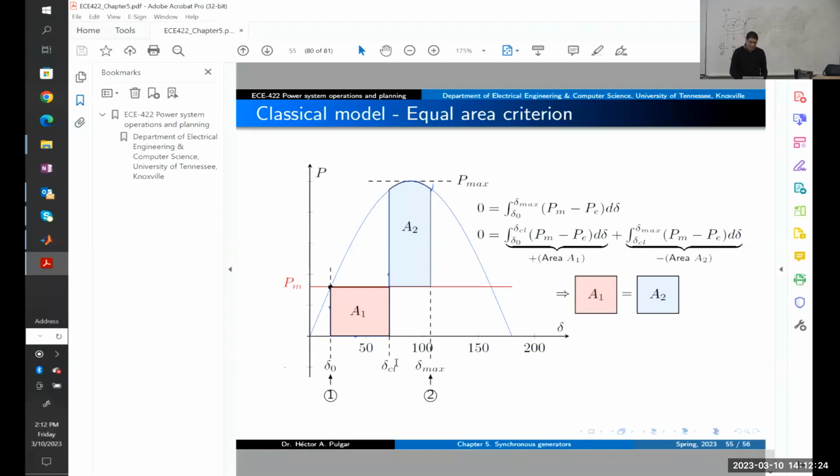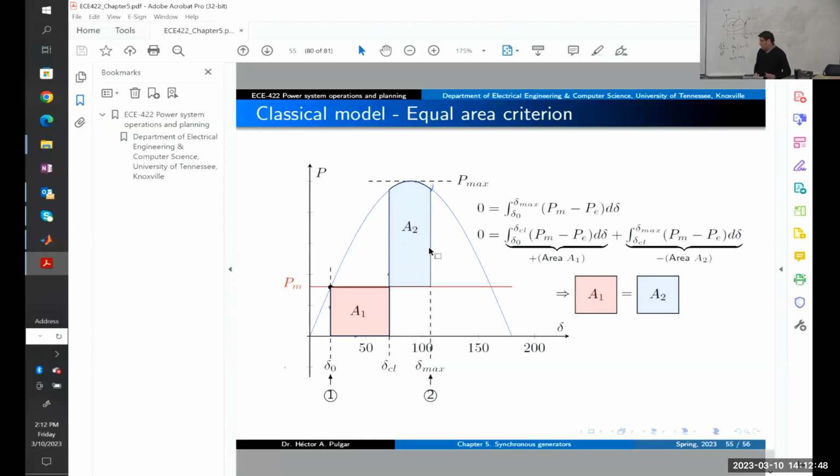So whatever clearing angle you use here, we can assume a clearing angle. Then by making these two areas equal, you can determine, for example, what is the maximum angle that the machine will achieve. That's one application of this.